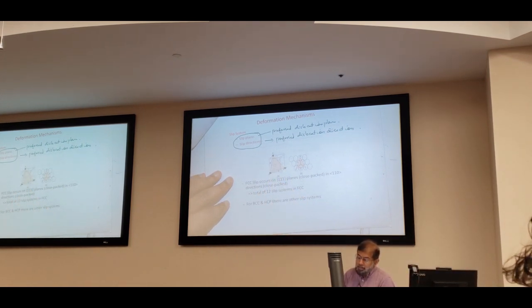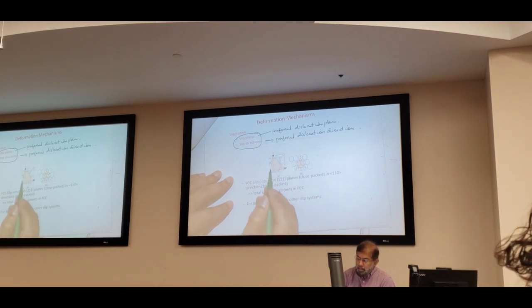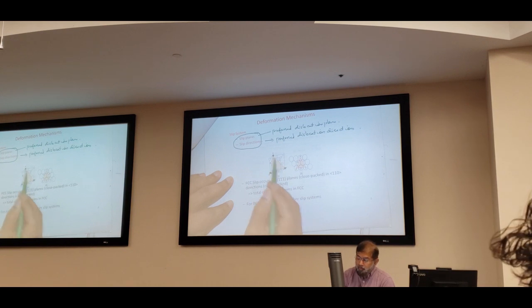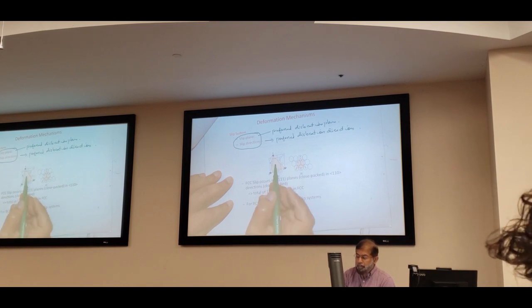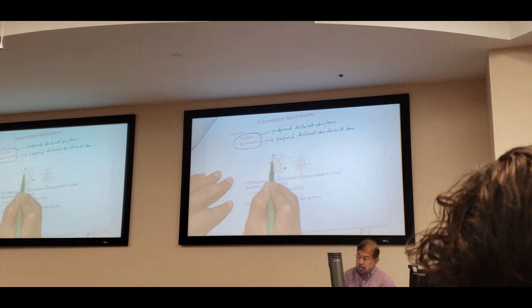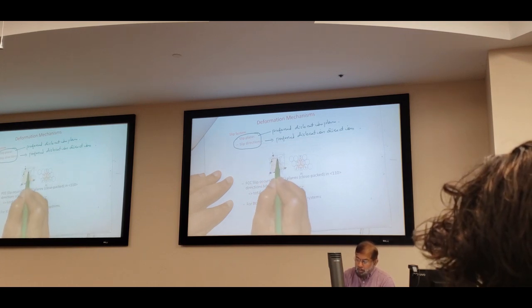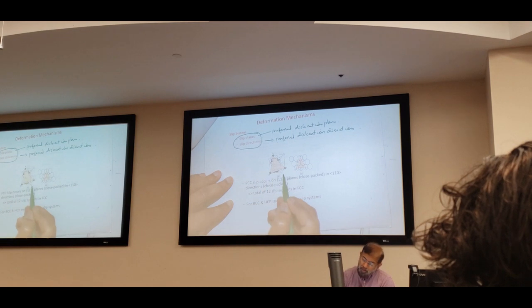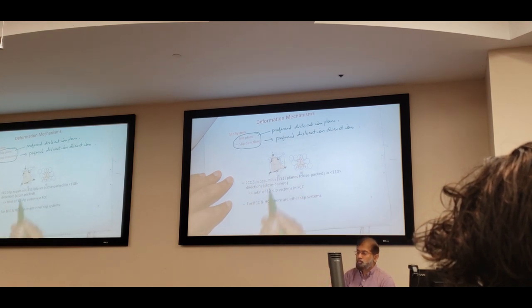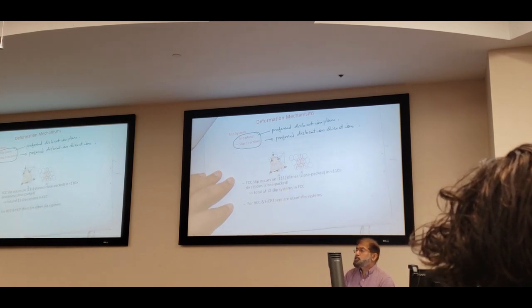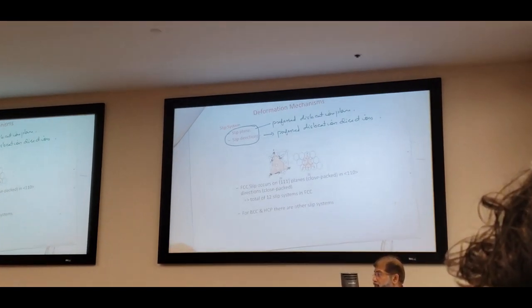So, in this case, in this 111 plane, there can be 3 directions in which this slip can occur. Okay, this direction, or this direction. Again, if it is in the other direction, it's the same. That's the reason why we consider it as 3 directions in which the dislocation can happen.